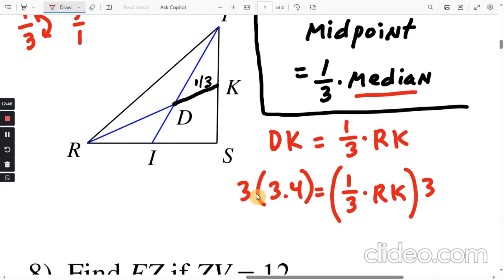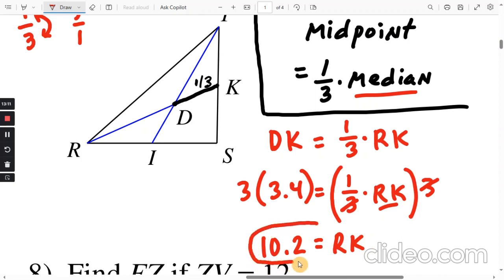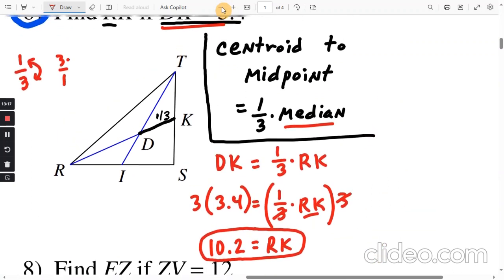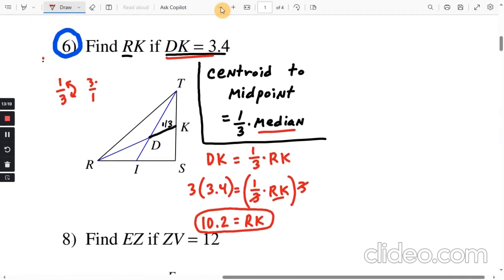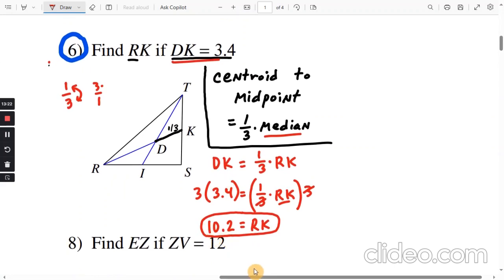On the calculator, 3 times 3.4 is going to be 10.2, equals, and on the right-hand side, 3 is multiplied by this whole thing. 3 is a numerator, and this 3 is a denominator. So 3/3 cancels, and we're left with RK. That's basically what we wanted. So they asked us to find RK, and RK is 10.2.